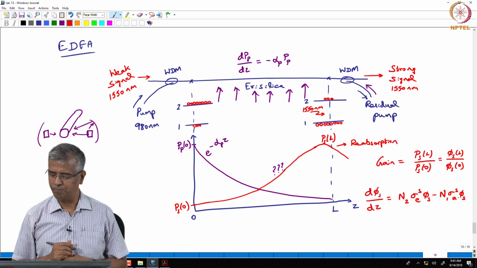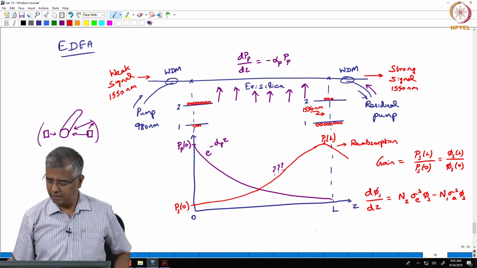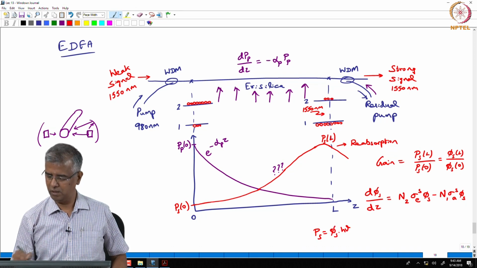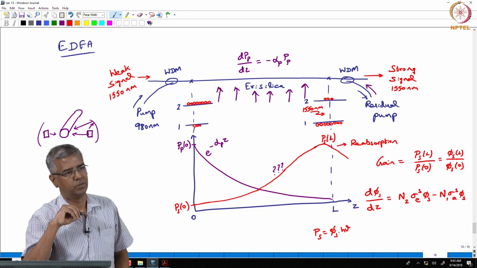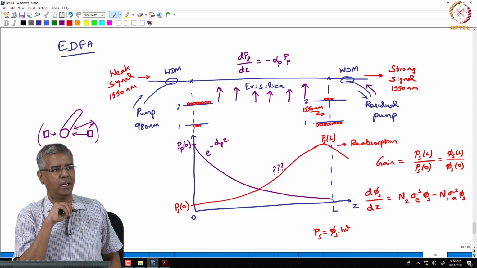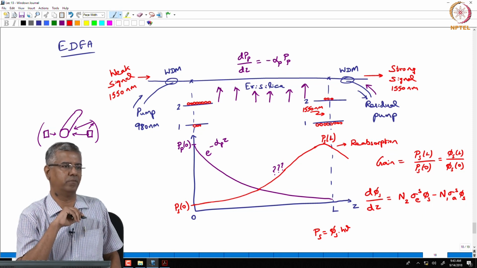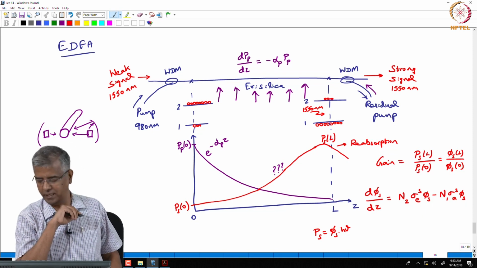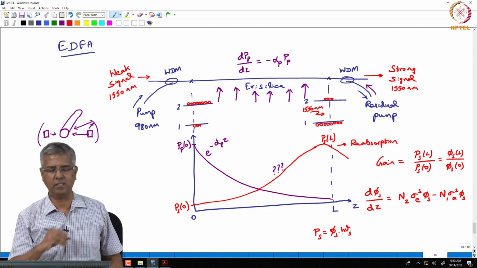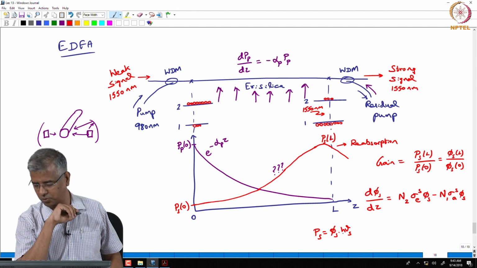Since I can write Ps as phi s multiplied by h nu, energy over time is power, and flux is 1 over time, in 1 over second. So it is h nu s, because that corresponds to the signal photon.